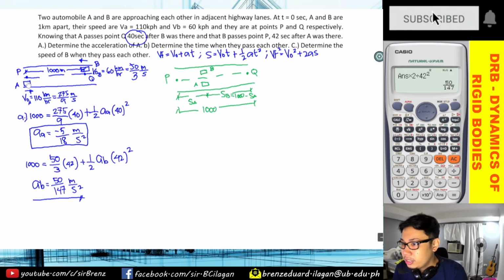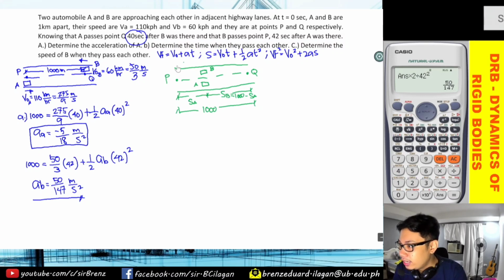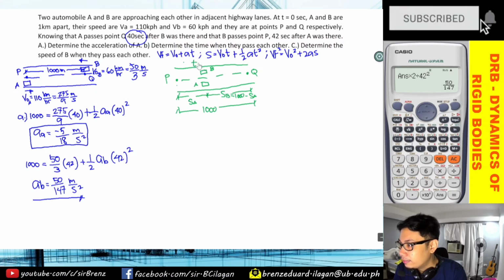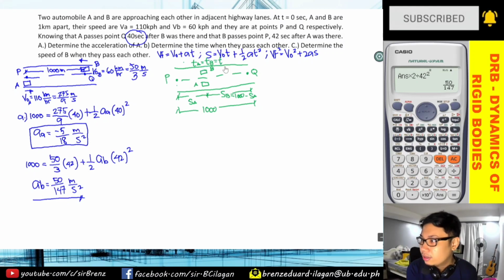Okay, so initial position, ganyan. So dito nga sila nagpanagpo. And then, hindi natin pareho alam yung time. Pero we can say na yung time na tinravel ni car A is equals lang dun sa time na tinravel ni car B na nagpanagpo sila. So T sub A is just equals to T sub B. So ilalagay ko na lang siya as time T. Okay, so that is also unknown.